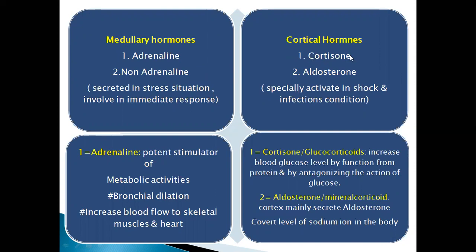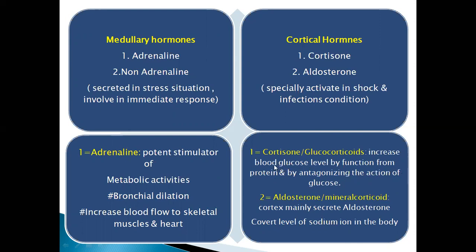Now see the cortical hormones, cortisone and aldosterone. Cortisone is an example of a glucocorticoid hormone, which is a basic hormone of the cortex region, right? What does it work for? It increases the blood glucose level by forming glucose from protein and by antagonizing the action of glucose.